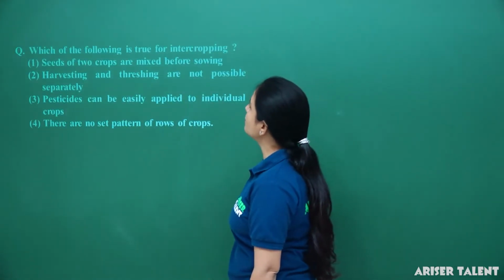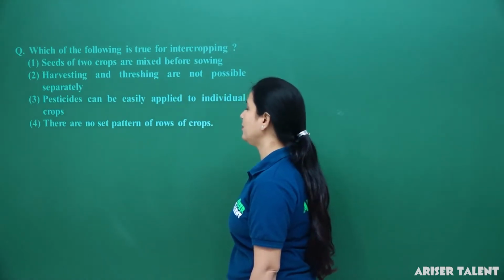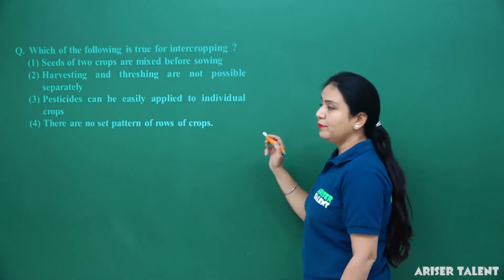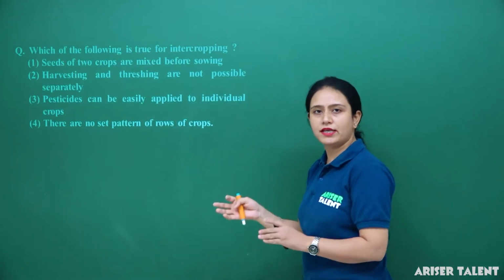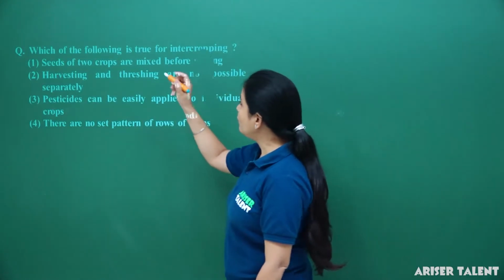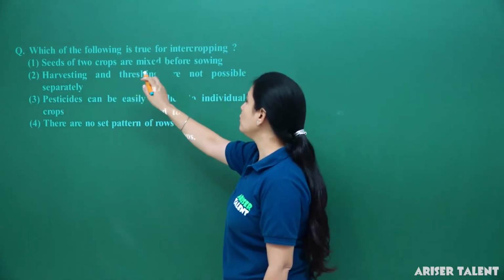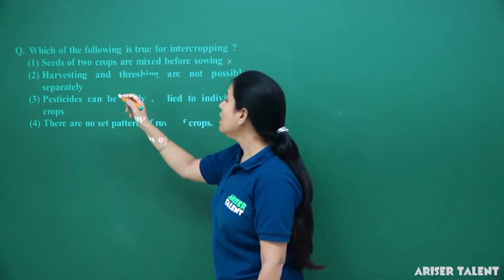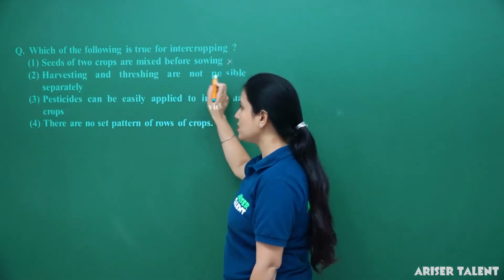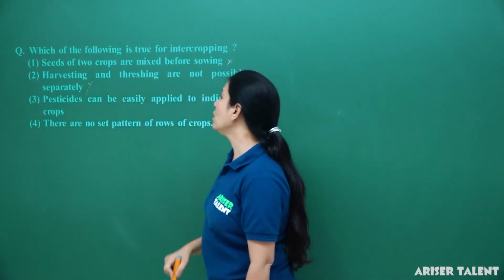Next is, which of the following is true for intercropping? Intercropping means to grow many crops at the same time in the same field. Now, which one is true? Seeds of two crops are mixed before sowing? No, we cannot mix the seeds. Harvesting and threshing are not possible separately? It's also wrong.